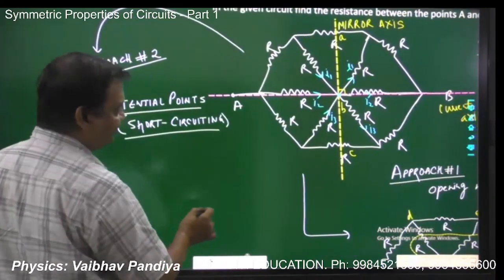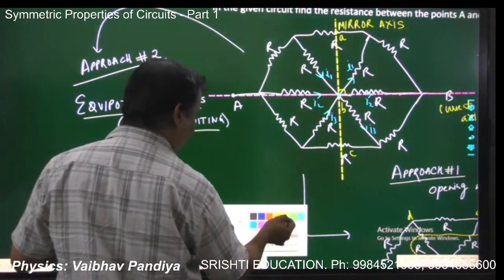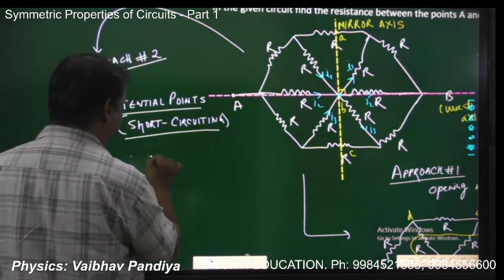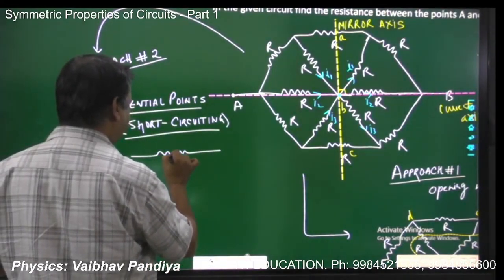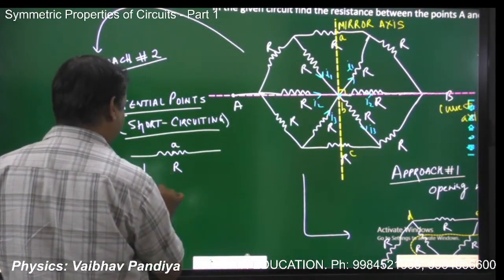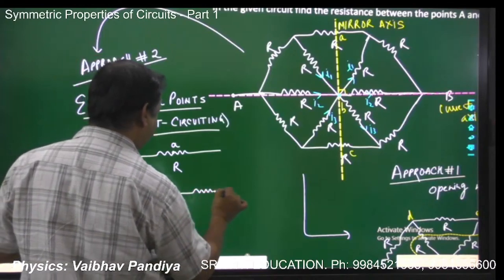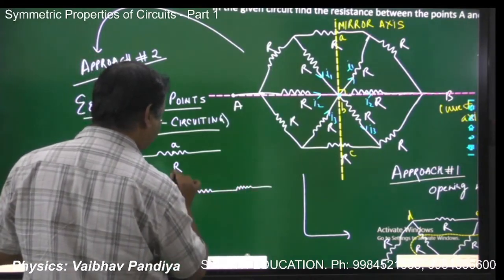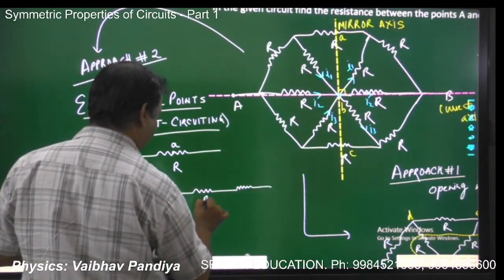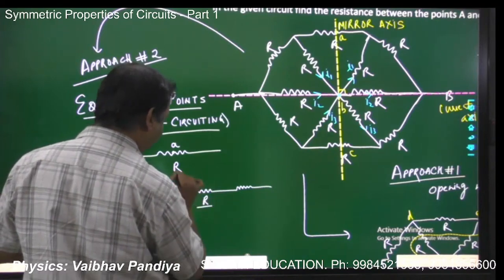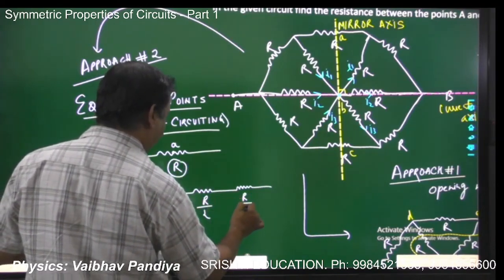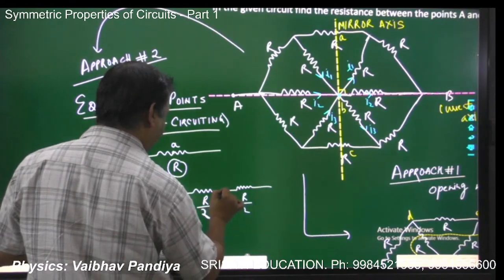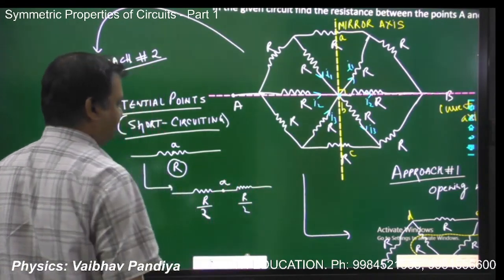So in this case, one of the fundamentals we will use, which I've told you in the beginning, if this is a resistor R and this is a middle point A, you can break it in two equivalent halves, both half of this value. So R will have a half value R by 2 with point A in the middle.